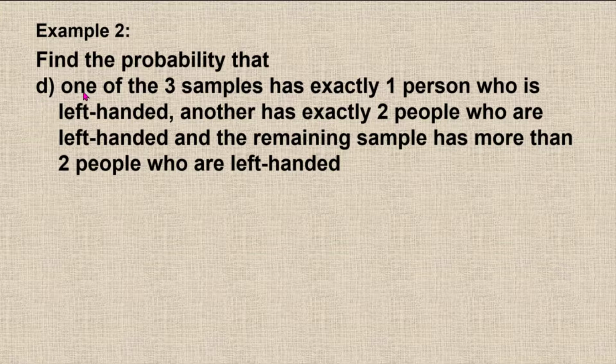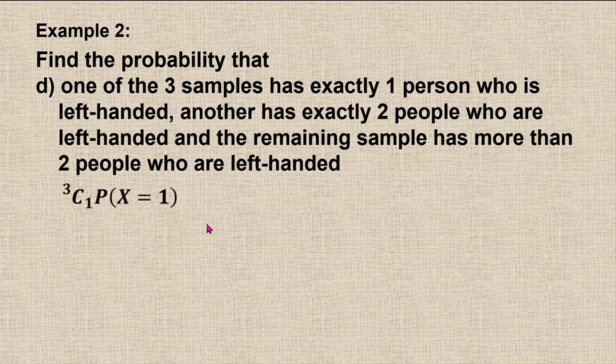Question D. Find the probability that one of the 3 samples has exactly 1 person who is left-handed, another has exactly 2 people who are left-handed, and the remaining sample has more than 2 people who are left-handed. The probability that one of the 3 samples has exactly 1 person who is left-handed is 3C1 times the probability when x is equal to 1.